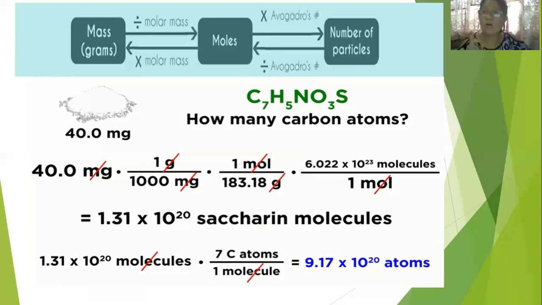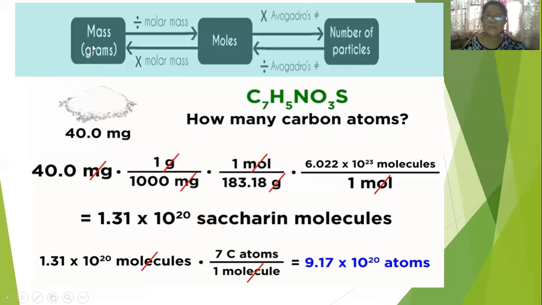As I have said, always start with the given. The given is 40 milligram. Oh, it should be converted into grams. We already know that in 1 gram, that is 1,000 milligram. Okay, so cancel your milligram. So we are now in grams here.